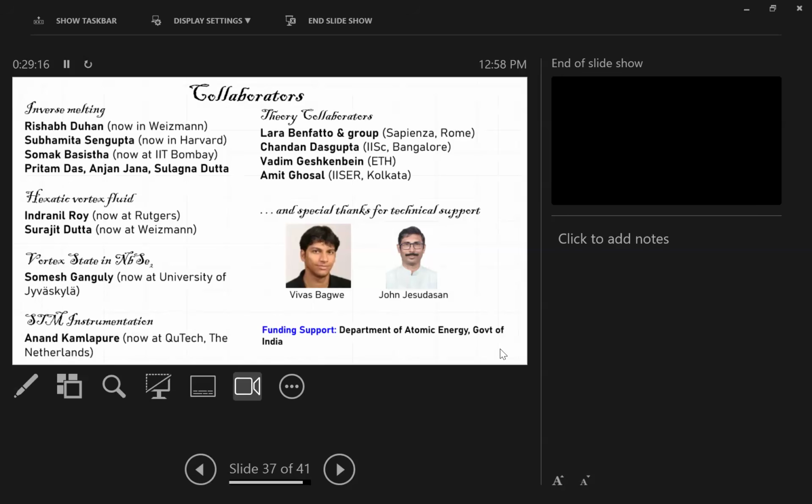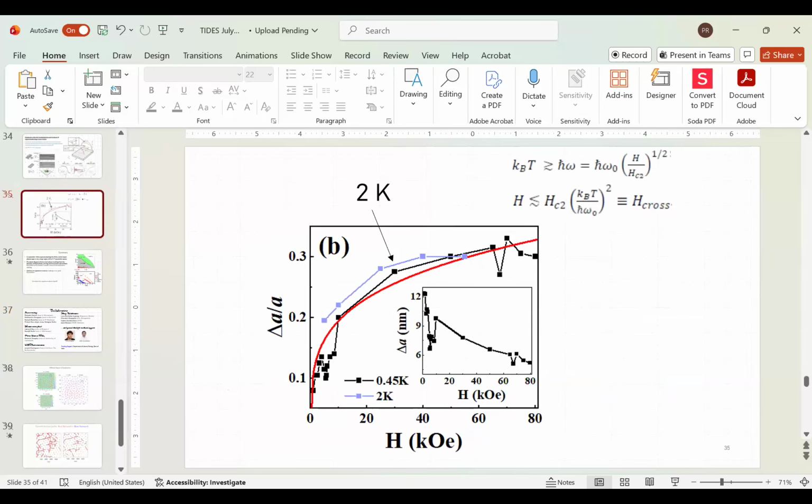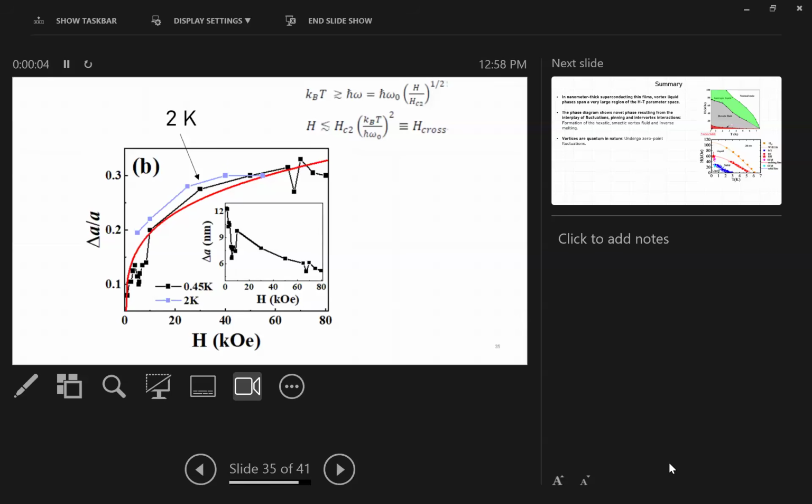So you can do that, and we tried that also, but it's much more complicated because at high temperature you lose contrast typically in STM spectroscopy. So for comparison, we checked between 450 millikelvin and 2 Kelvin. We could not go higher. And here you have a crossover field if you calculate the quantum and classical fluctuation.